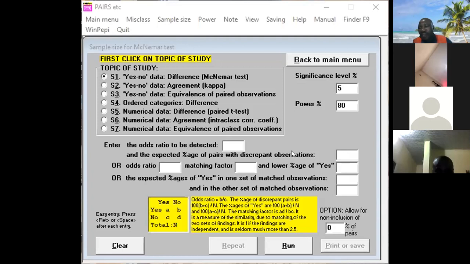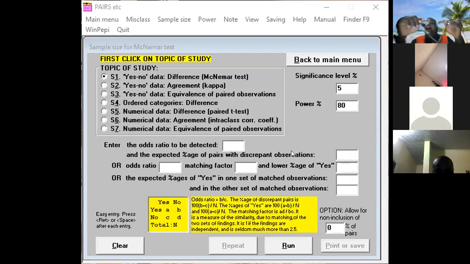Minimum expected difference. Okay, the same thing with the minimum expected difference. Now, it's a paired observation. Let's say it's 15%, maybe you are talking of people that have an outcome you are measuring. It cannot be relapse because we're talking of before and after.